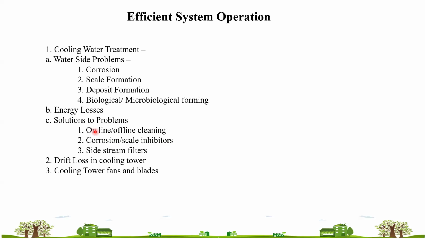That energy loss has to be avoided in efficient operation. Then minimum drift loss is needed, so drift eliminators have to be there in the cooling tower. If the cooling tower is not provided with drift eliminators, water is going to be lost, and that water loss always has to be made up with water.